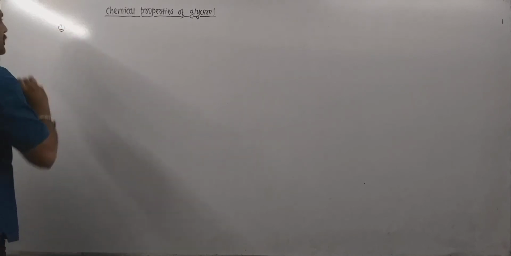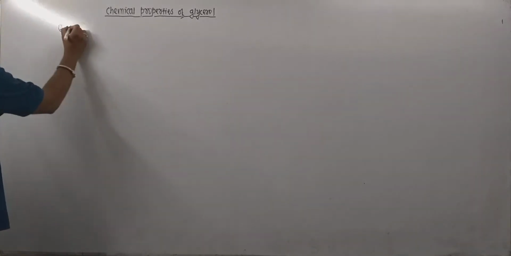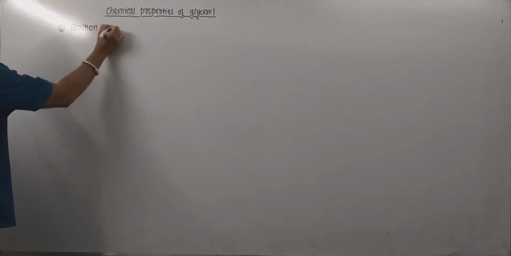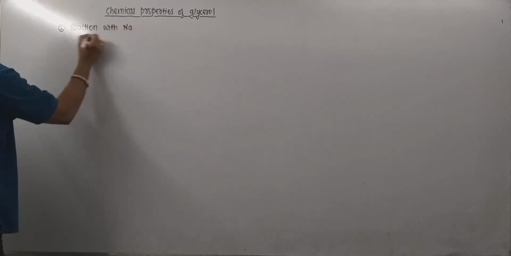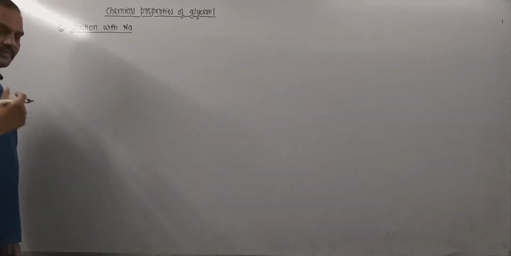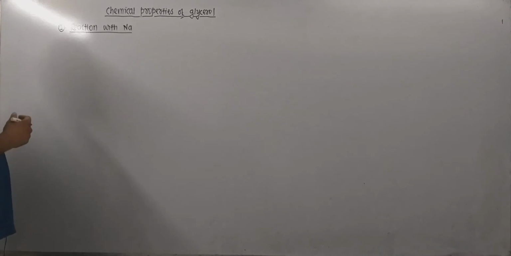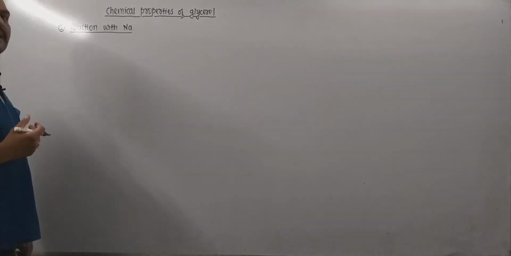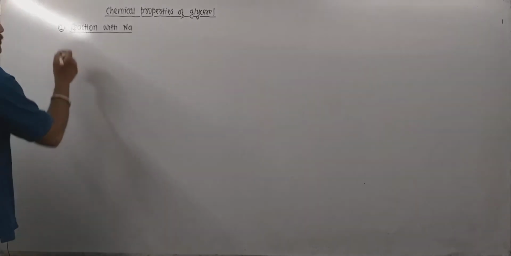So very first chemical property is the reaction with sodium metal. Remember, sodium is a reactive metal. So when we treat any alcohol with sodium, then sodium has ability to displace hydroxyl hydrogen.